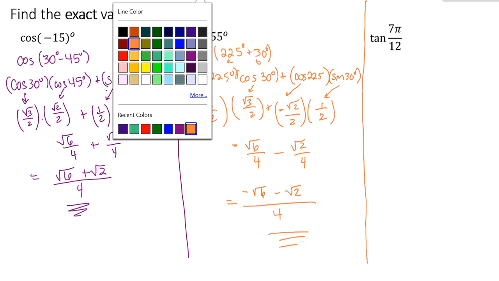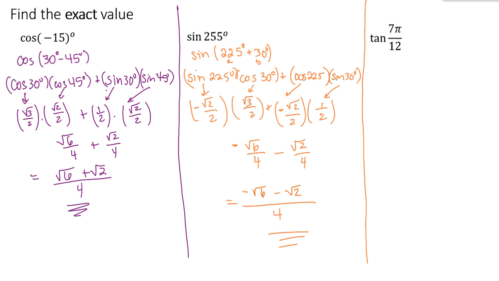All right, tangent. 7 pi over 12. Let's change that into degrees. So multiply by 180 over pi. That's the same thing as 105. We can just do a plus one. Let's just do tangent of 60 plus 45.